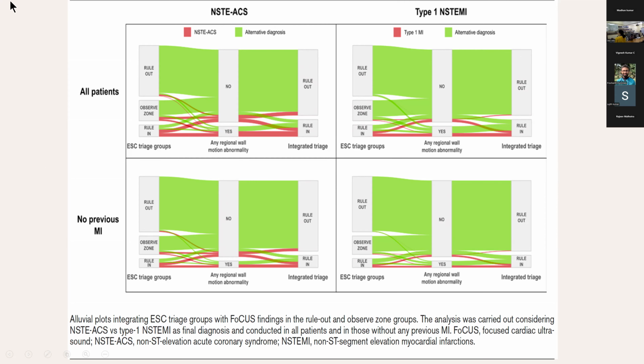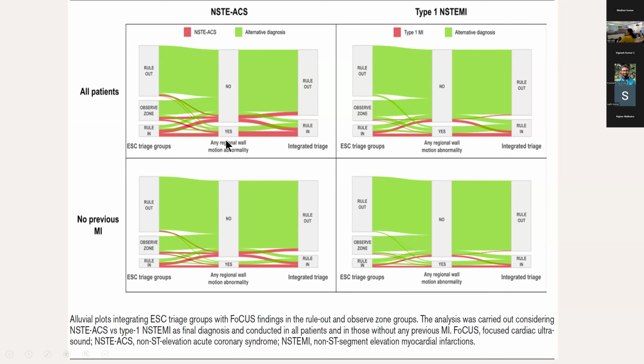So in the ECS triage group it is rule out, observe, rule in, whereas in the integrated triage, where you're including the focused ultrasound, you either just have a rule in or a rule out group. And this shows the flow of the patients diagram.